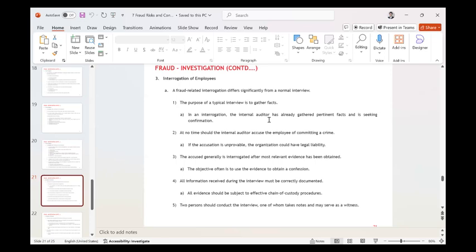Generally in an interview, you must have two people from your side so that you have a witness if something goes wrong, or whatever he says. He can also sign off as a witness in the personal statement.